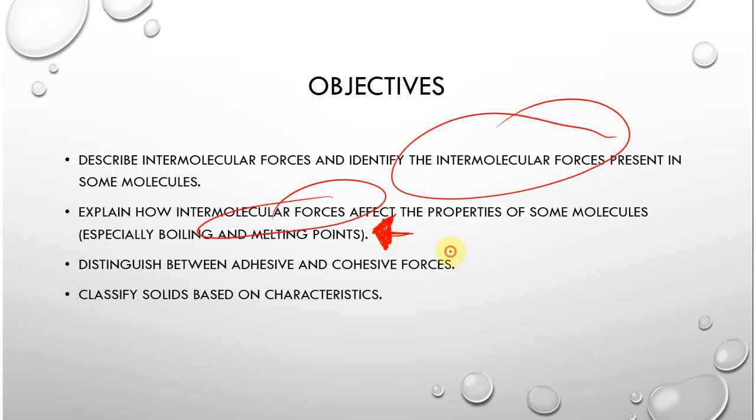We're going to look at cohesive versus adhesive forces in liquids, and then we're going to go into solids very briefly. The objective that the VCCS gives us is to classify solids based on characteristics. We're going to use broad topics here. Your reading talks about the specifics.